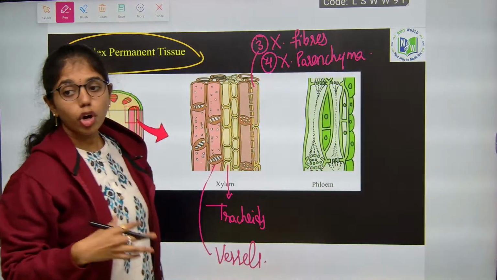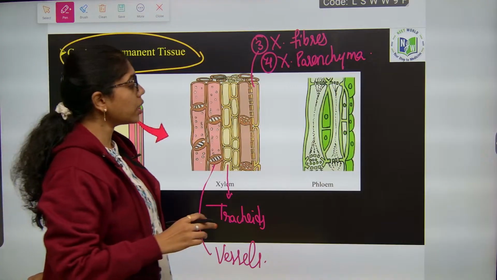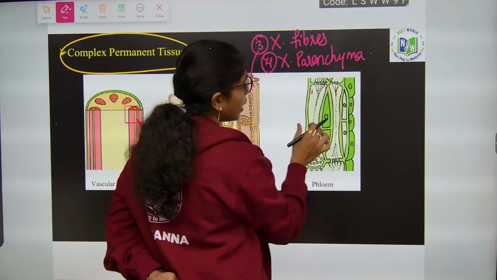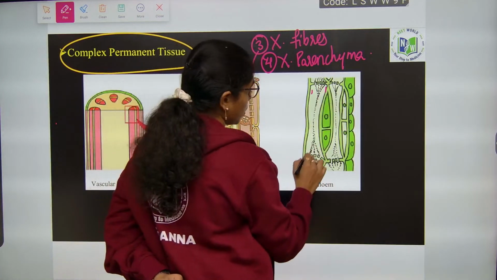Phloem also has 4 components in it, wherein at the center enucleated sieve tube cells will be there.